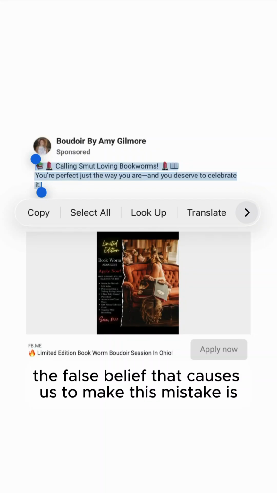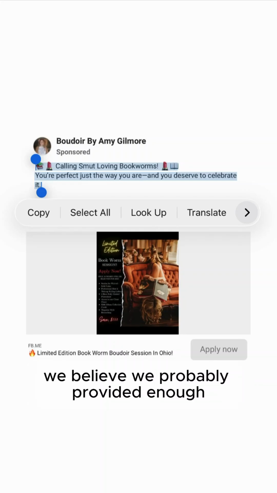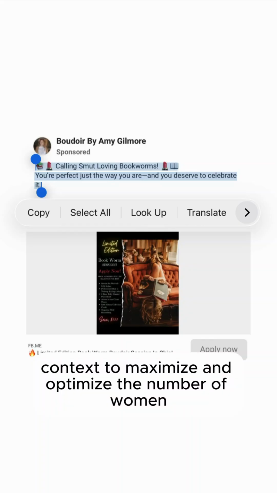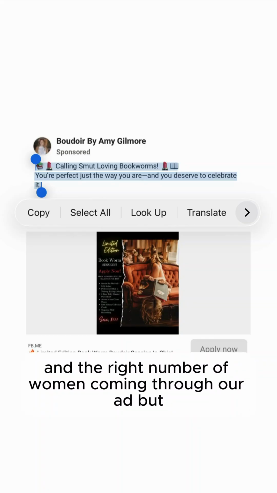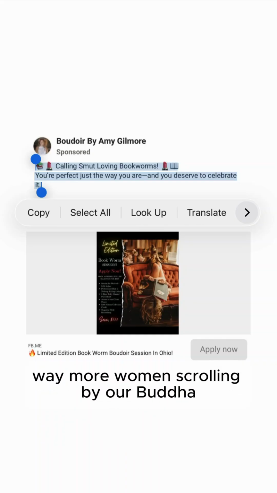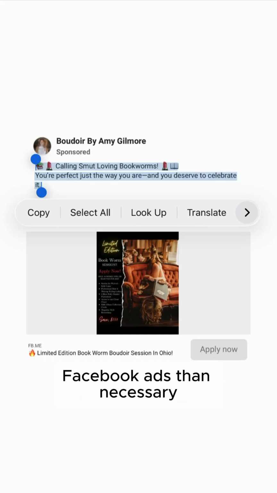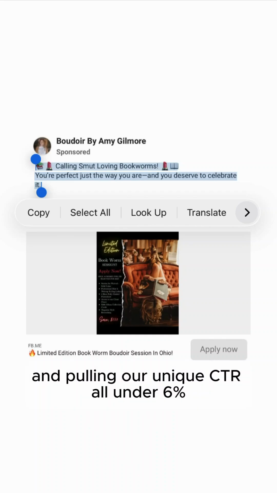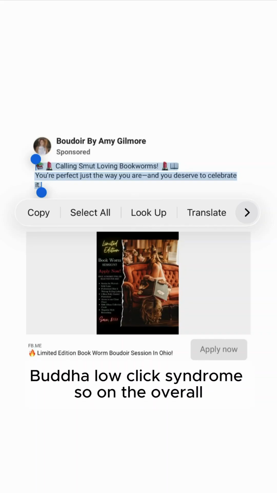The false belief that caused us to make this mistake is we believe we provide enough context to maximize and optimize the number of women, and the right number of women, coming through our ad, but we didn't do that. So the consequence is way more women scrolling by our Boudoir Facebook ads than necessary, and pulling our unique CTRL under 6%, contributing to BLCS, Boudoir low click syndrome.